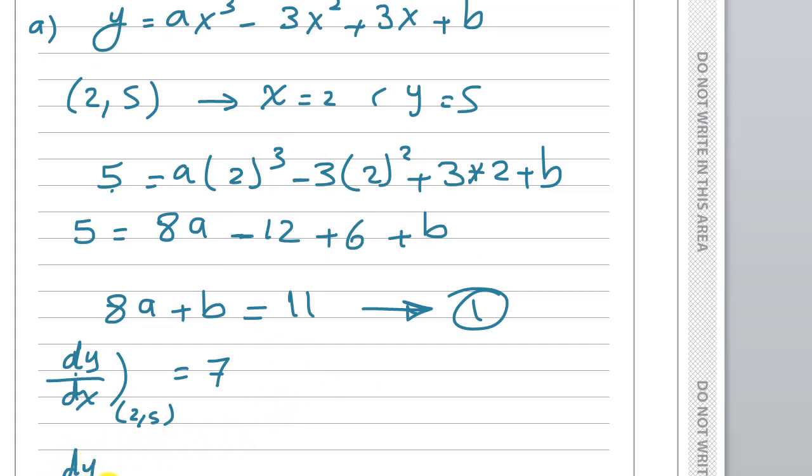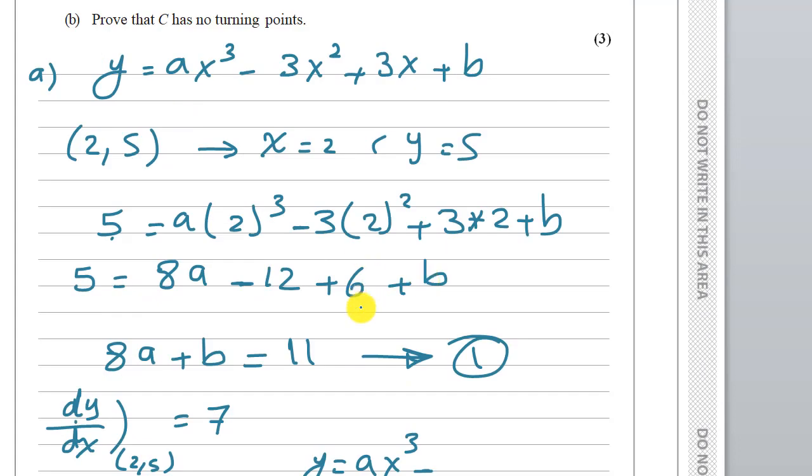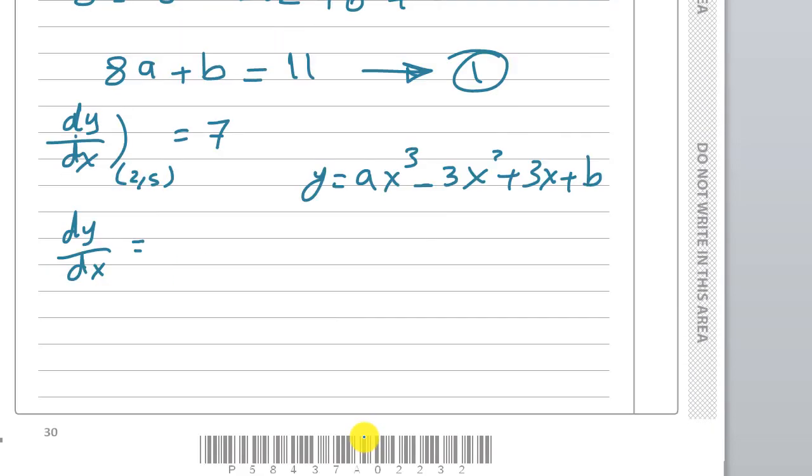Let us write the equation again, y equal to ax power 3 minus 3x squared plus 3x plus b. So dy by dx is 3ax squared minus 3 multiplied by 2x plus 3 plus 0. This is equal to 7.